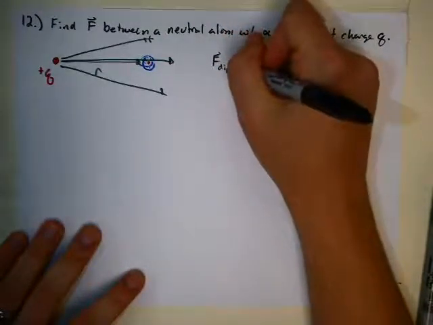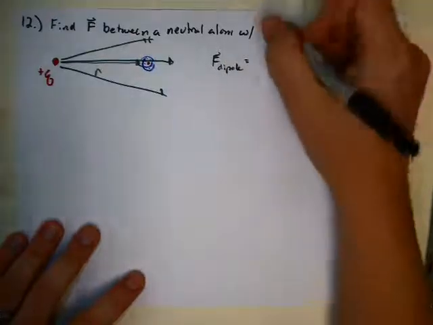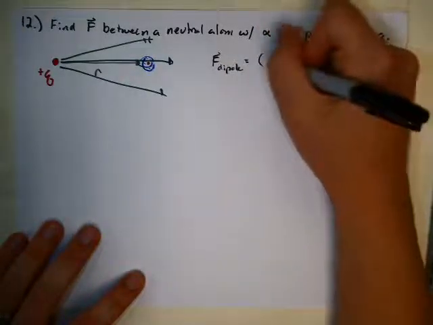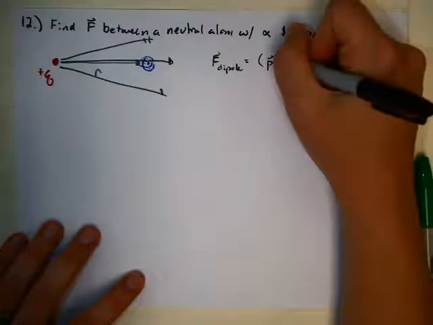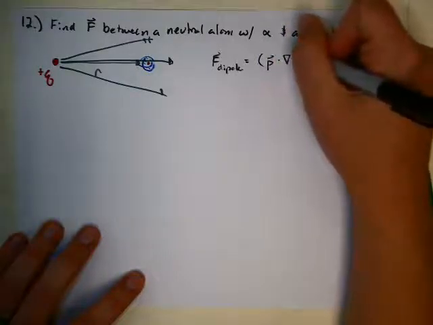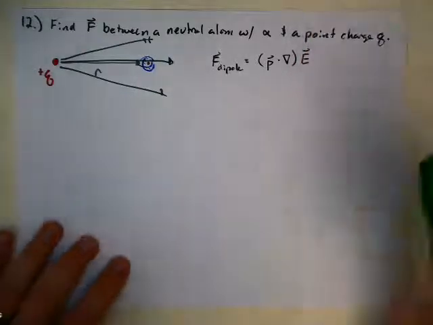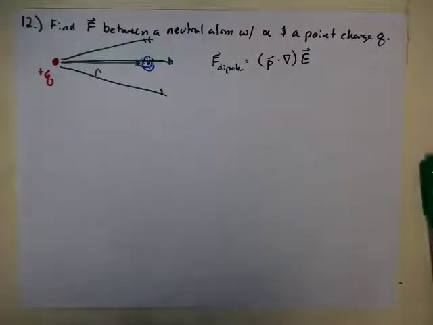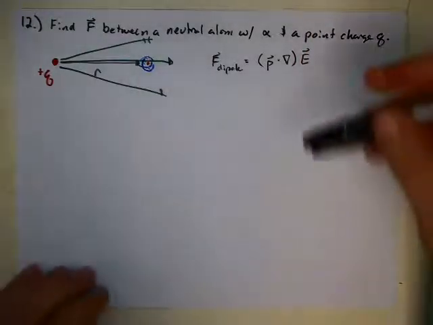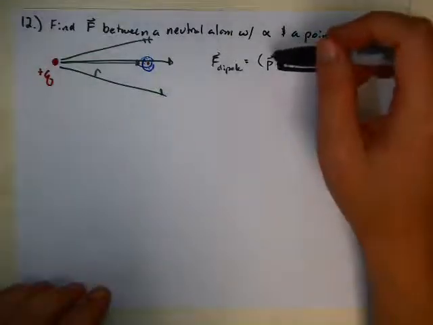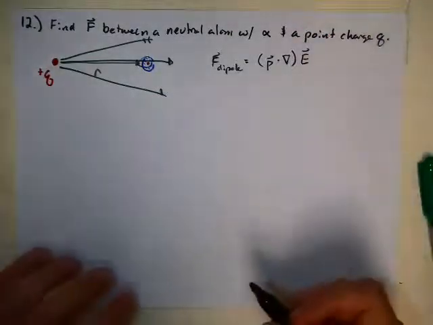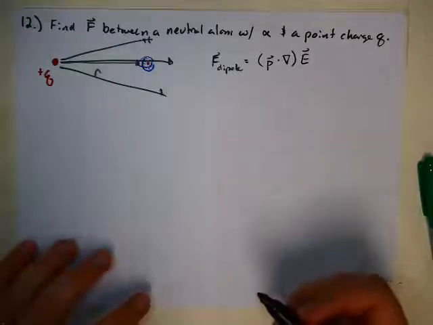The force on a dipole is equal to the polarization dot the del operator acting on the electric field. Okay. And so we're simply going to have to find out what everything here is, but this is actually a pretty easy expression.